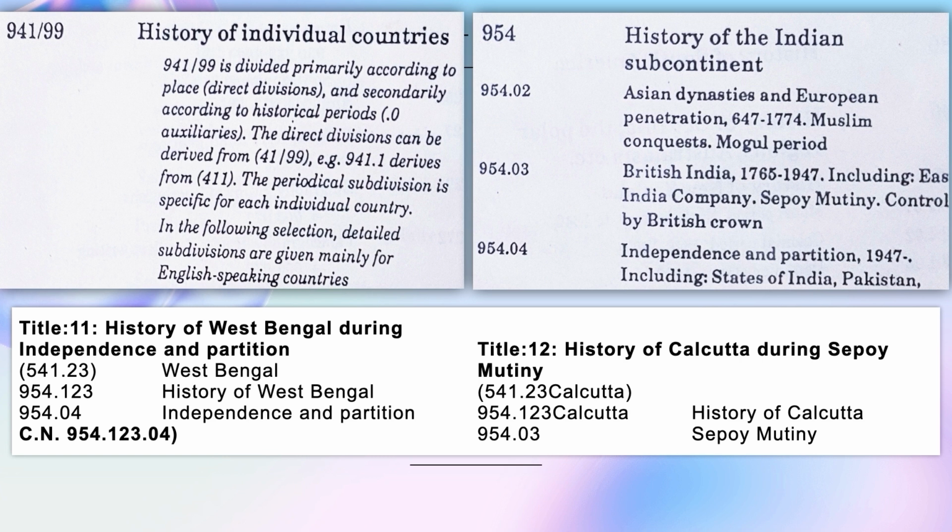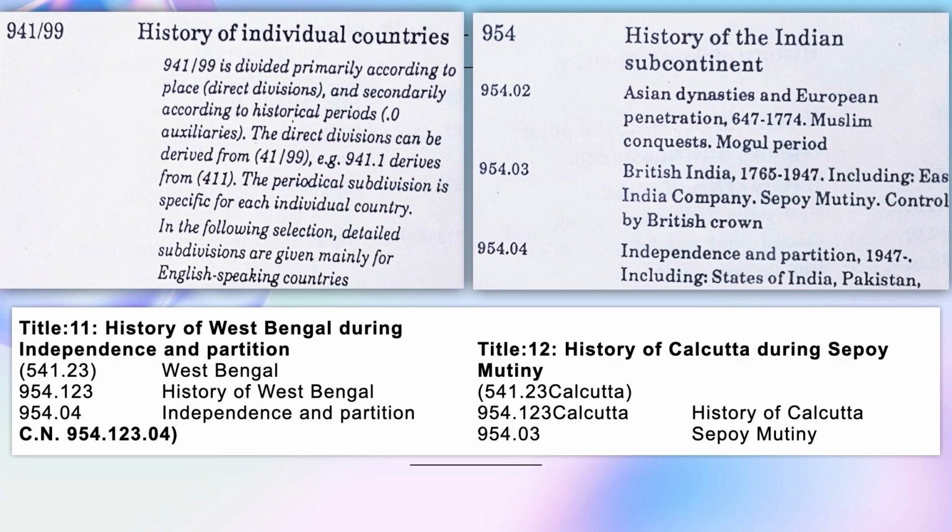And you see the instruction, that is 954.04, that is independence and partition. So this special auxiliary will be used for 954.123. So the final class number will be 954.123.04. And title 12, History of Calcutta during Sepoy Mutiny.